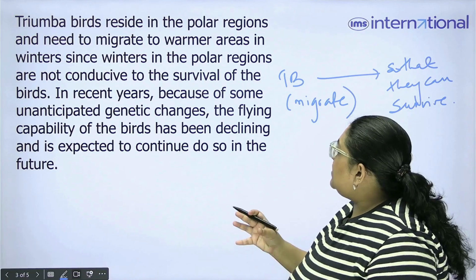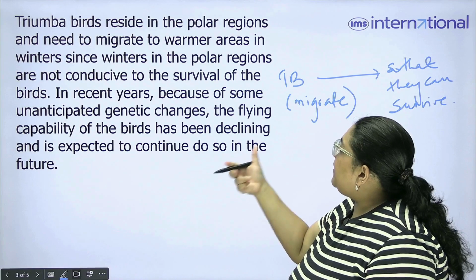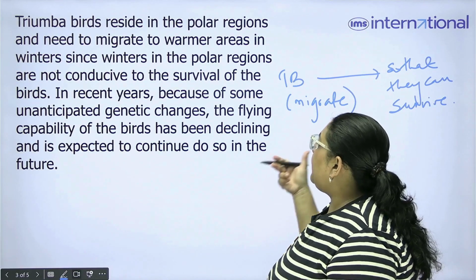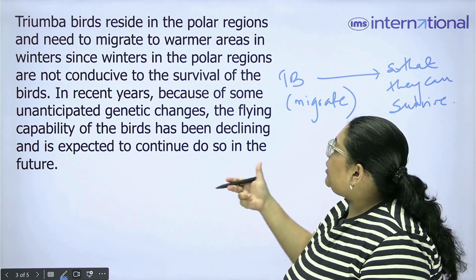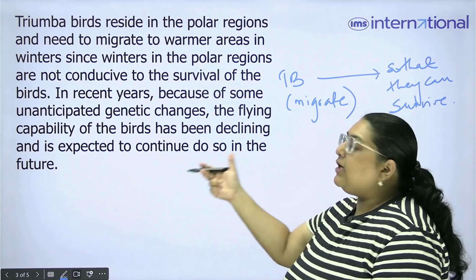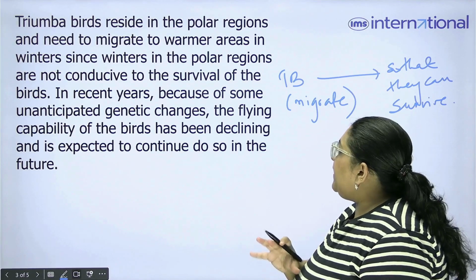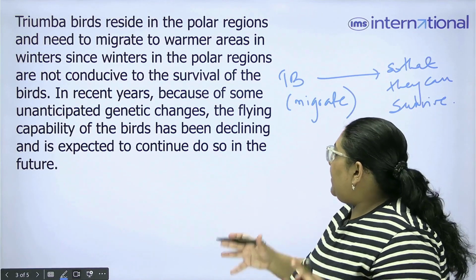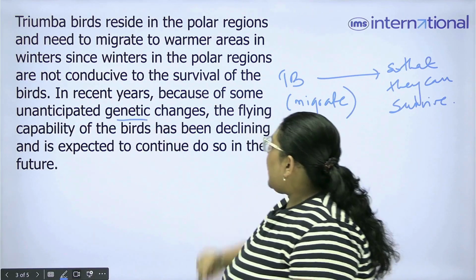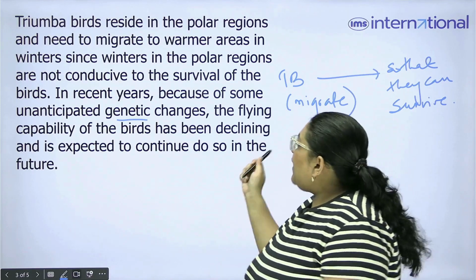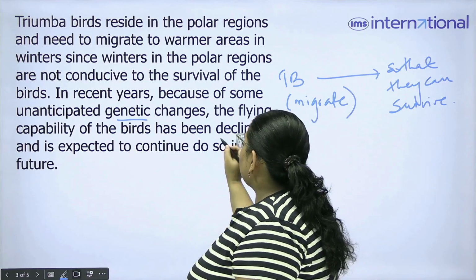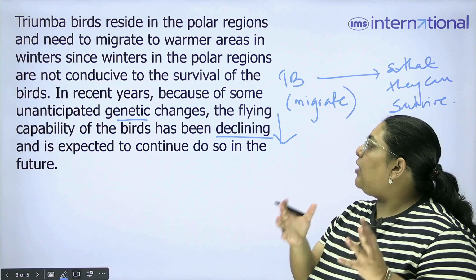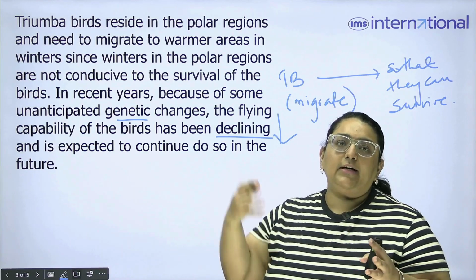In recent years, because of some unanticipated genetic changes, the flying capability of the birds has been declining and is expected to continue to do so in the future. So what is happening? In recent years, there are some unexpected genetic changes taking place, and because of these changes, the flying capacity of the birds has been decreasing, and is expected to continue so in the near future.